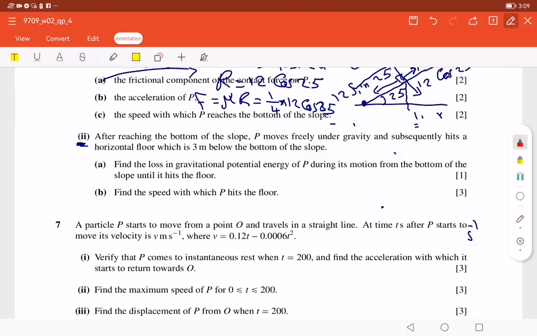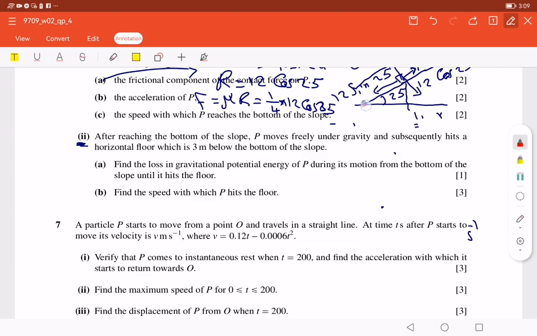A, find the loss of the gravitational potential energy of B during its motion from the bottom of the slope until it hits the floor. B, find the speed with which B hits the floor.